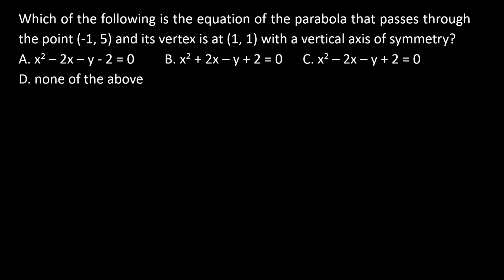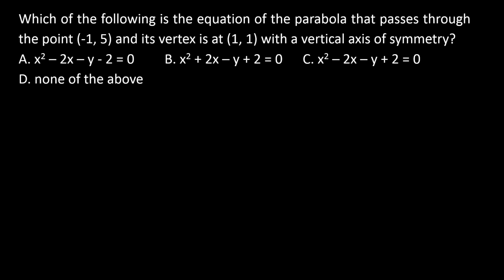Again, this type of parabola has a vertex at h and k. Remember that this parabola passes through the point negative 1 and 5 and its vertex is at 1 and 1. For us to determine which equation to use from these given quantities, we look at the last statement of the problem, which says this parabola has a vertical axis of symmetry.